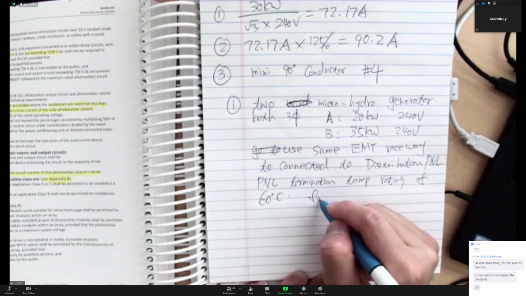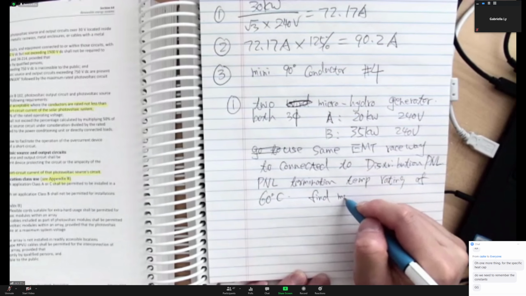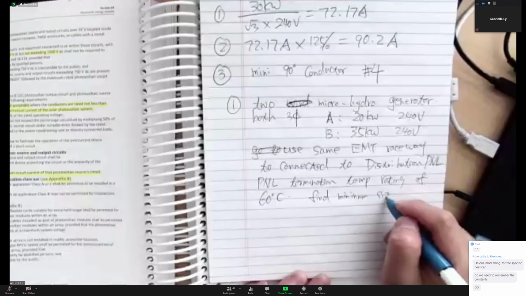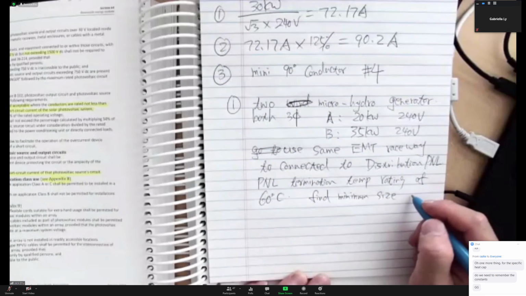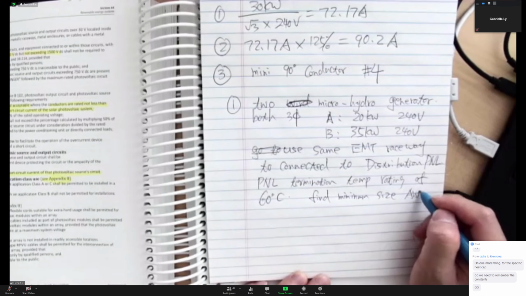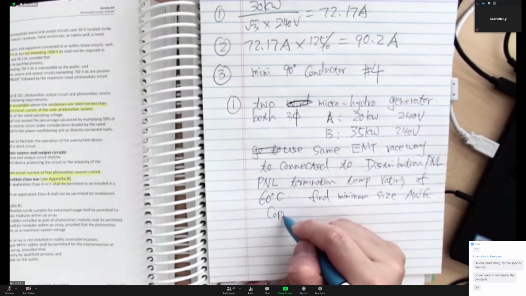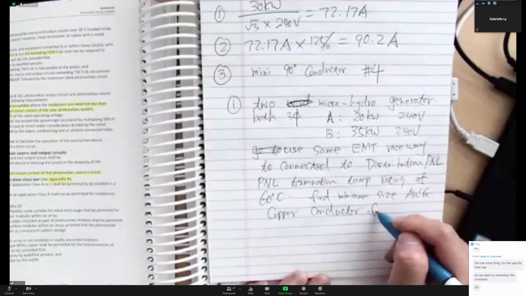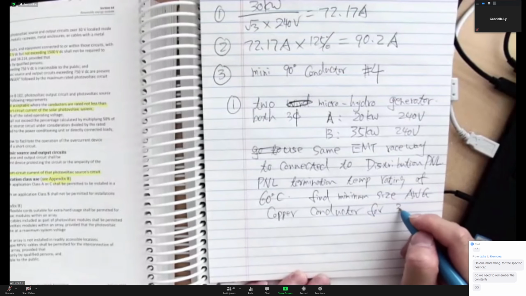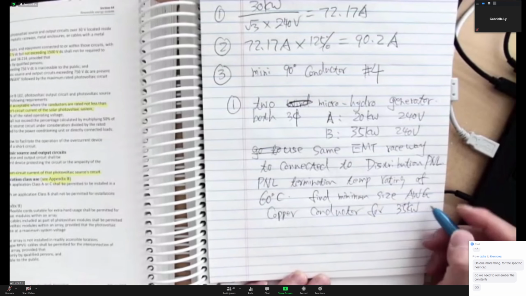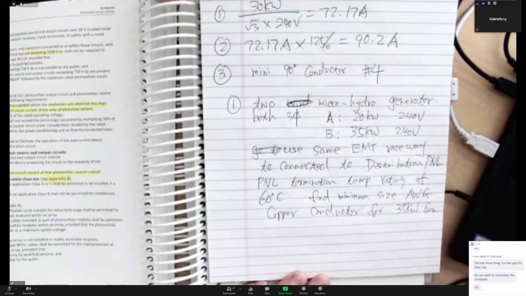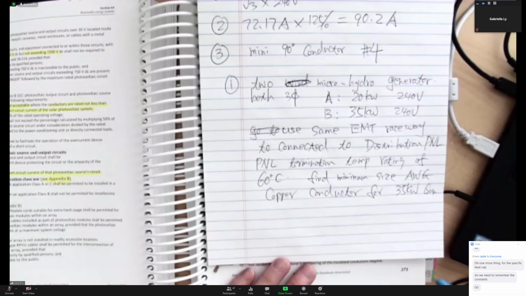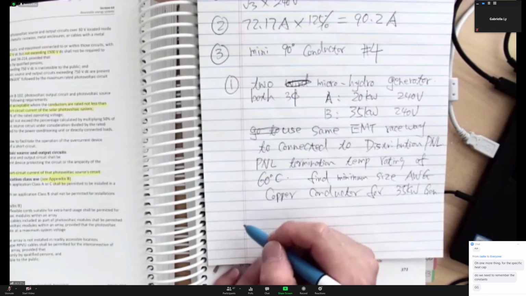So I'm going to find the minimum size AWG copper conductor for the 35 kilowatt generator. Okay, so that's the question for the wind turbine.